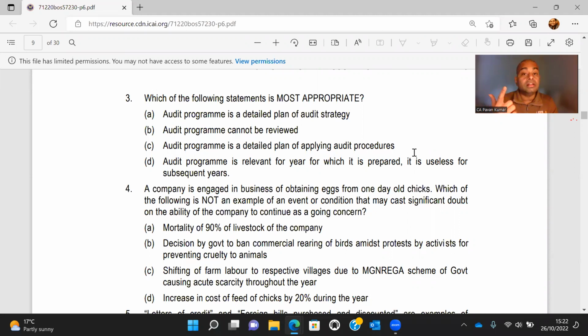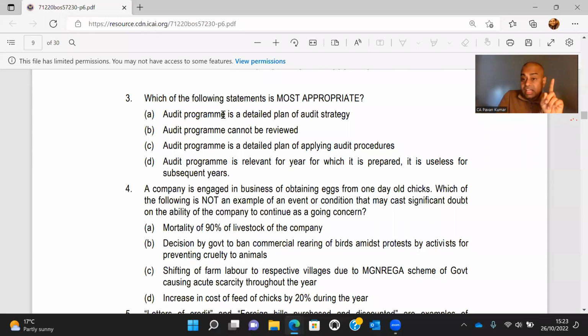How it is to be done, the audit procedure, the technique to be used, the process to be followed, and third, by whom it is to be done. So obviously, you are explaining the audit procedures in a given situation. So the answer is C. The answer is C. Okay.